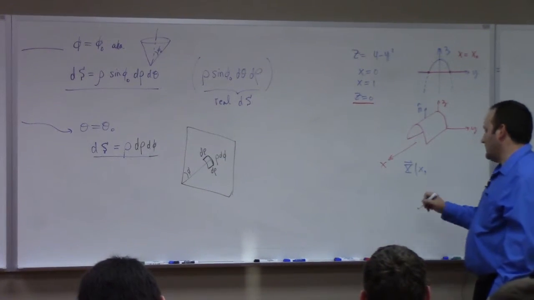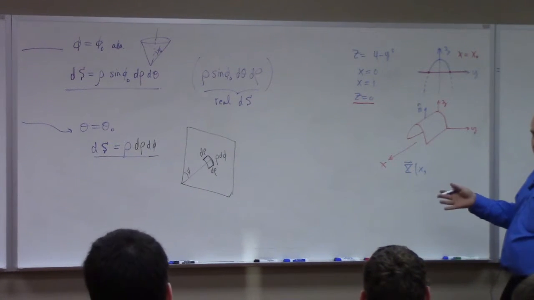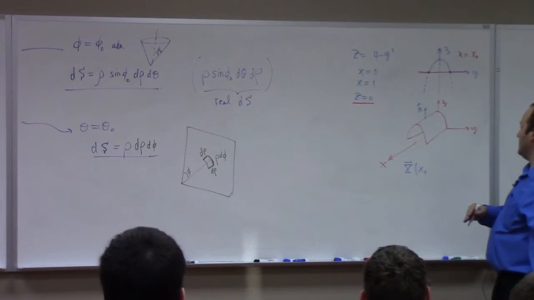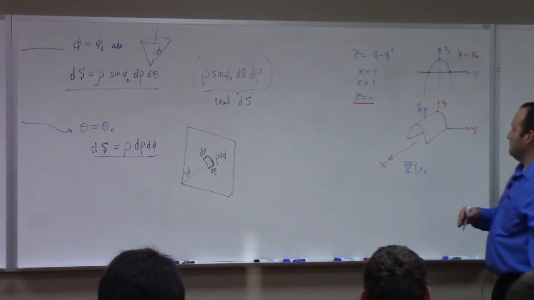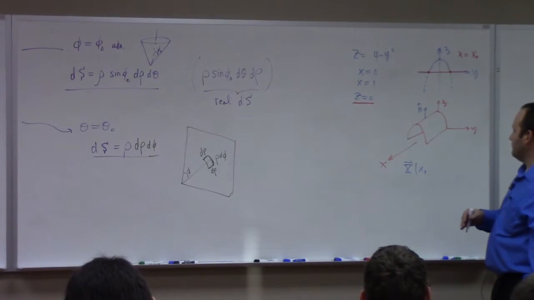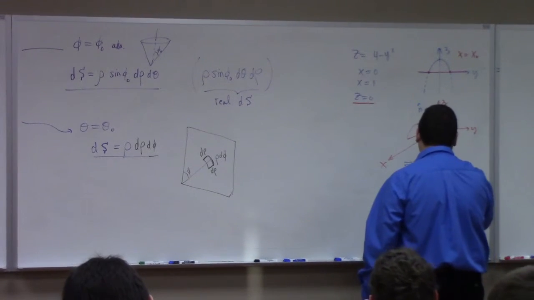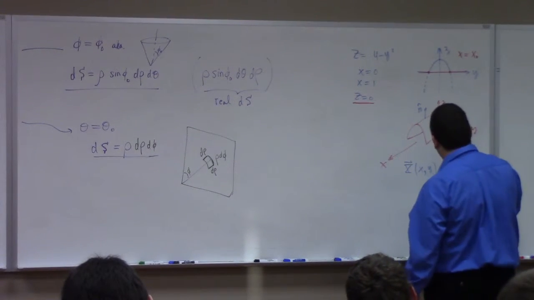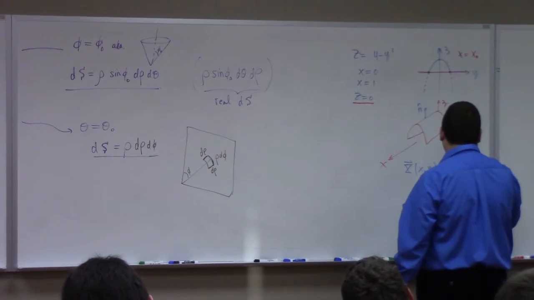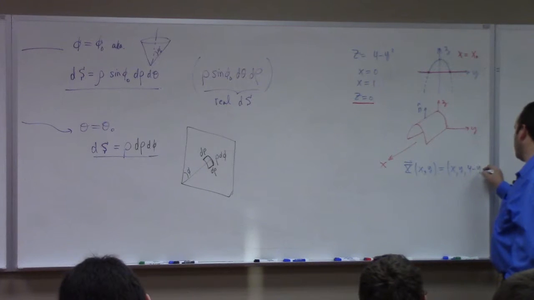Parameterization is always an art form, but without thinking too deeply about it, here's what I do: x and y. Those are easy enough. x goes to x, y goes to y, and what's the z? 4 minus y squared.